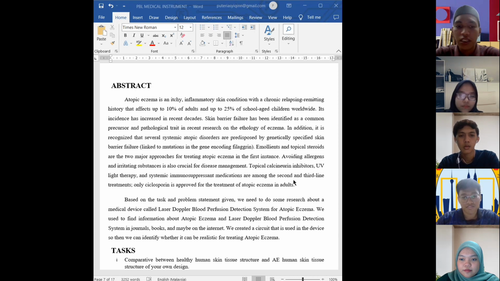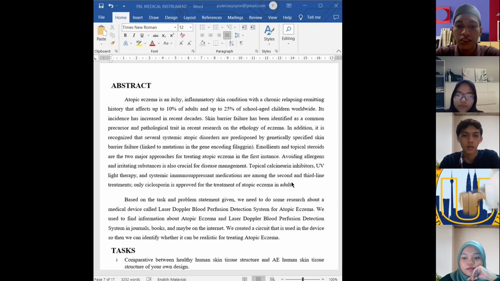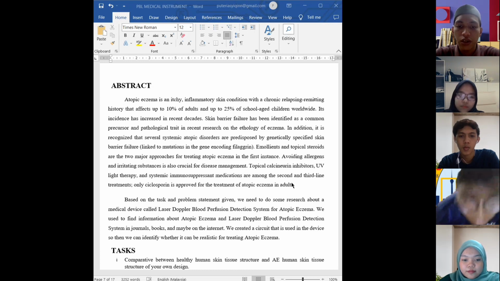Okay, based on the tasks and problem statement given, we need to do some research about a medical device called the laser Doppler blood perfusion detection system for atopic eczema. We find information about atopic eczema and the laser Doppler blood perfusion detection system in journals, books, and on the internet.